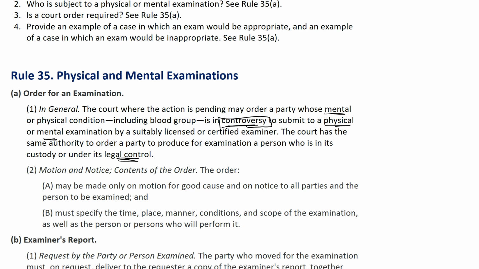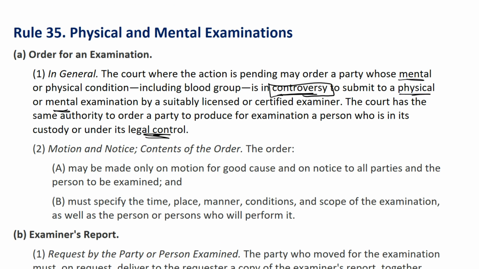Or you send document requests to the other side or to a non-party witness, and the court is not really involved, okay? But the court is involved under Rule 35 for physical and mental examination. You have to ask the court to provide an order. So you can't just tell the other side, hey, I'm going to examine you. You have to get a court order.